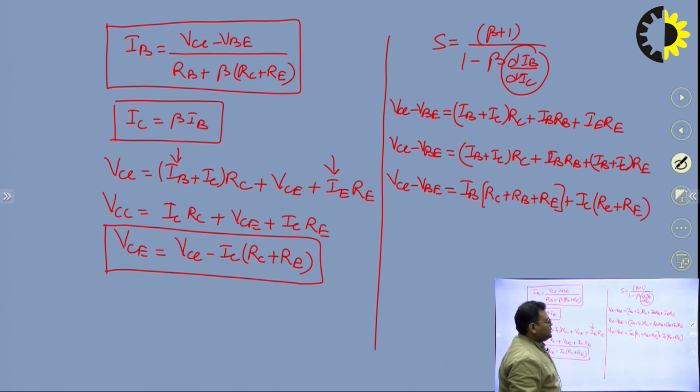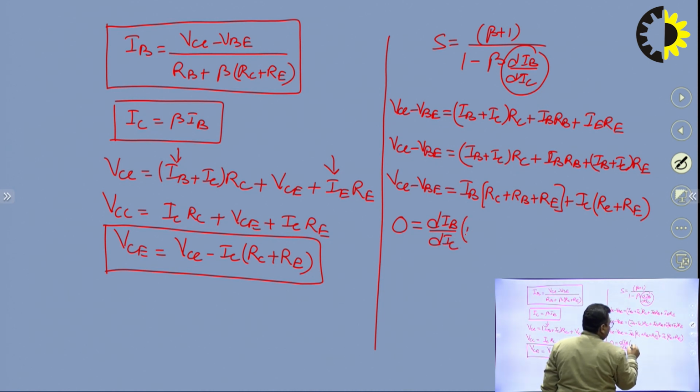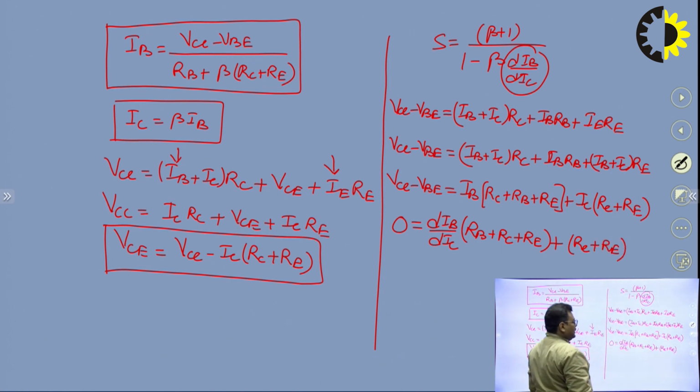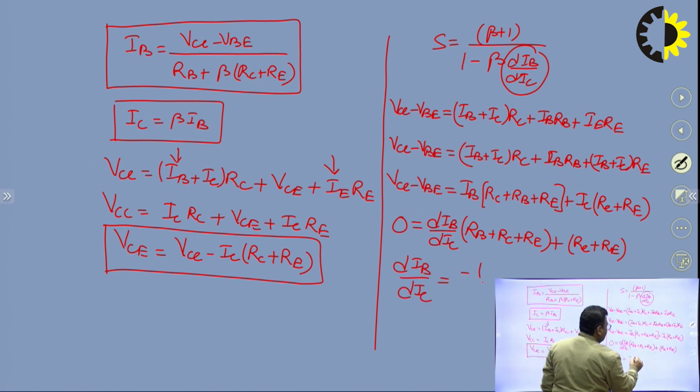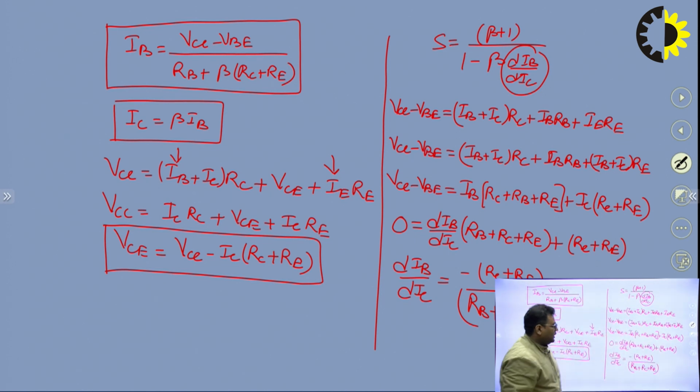Now if I differentiate this equation with respect to IC, what will I get? 0 is equal to dIB over dIC into (RB plus RC plus RE), plus (RC plus RE), right. And from here dIB over dIC will be equal to minus (RC plus RE) divided by (RB plus RC plus RE). So if I put this value into this formula, I can get the stability factor.